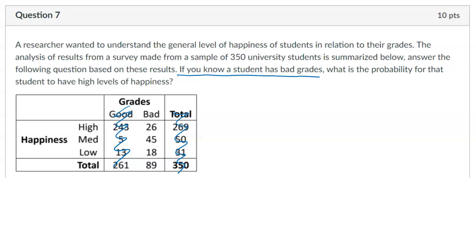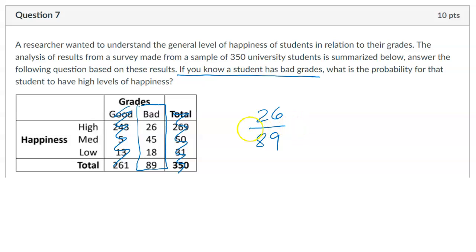Then within the only reality that you have, the group of students that have bad grades, what is the probability for that student that you know has bad grades to have high levels of happiness? Then there will be 26 over 89. Okay?